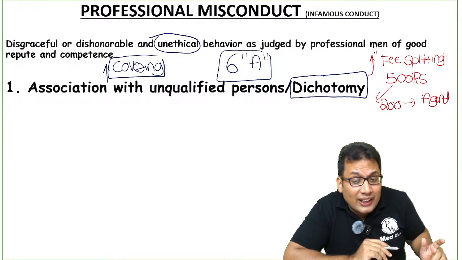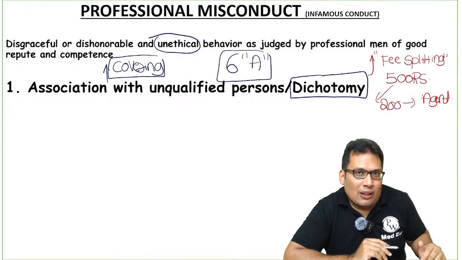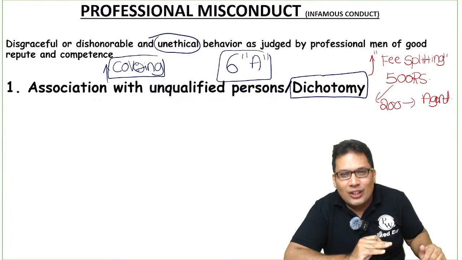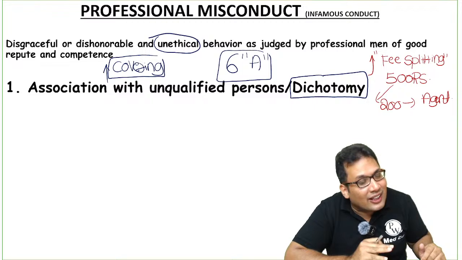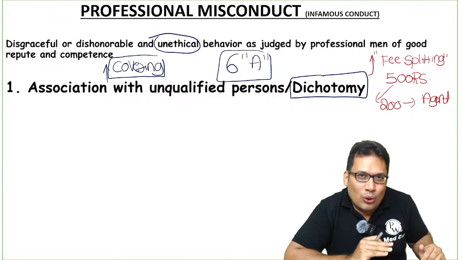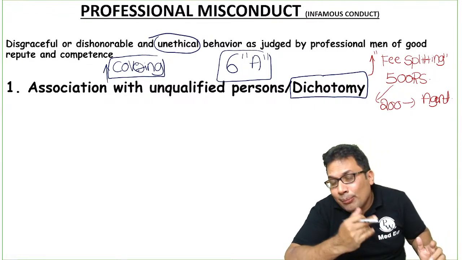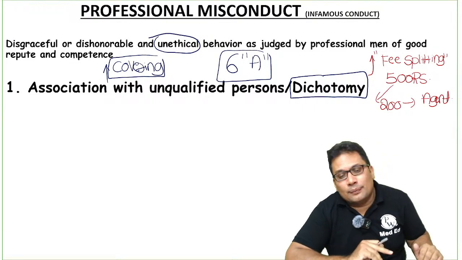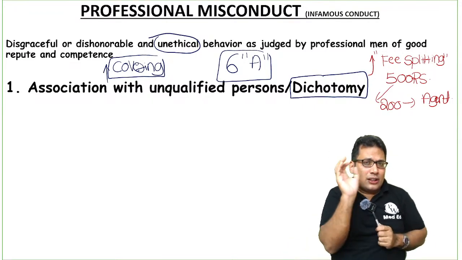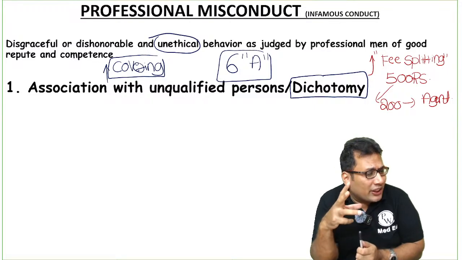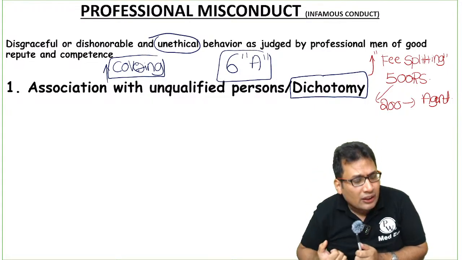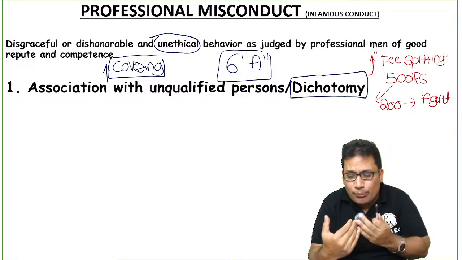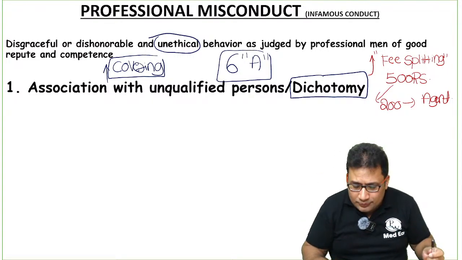Taking or giving commission is a punishable offense. Fee splitting, very good. Or 200 from the lab person, taking commission from the lab person, that is also dichotomy. So the first A is association with unqualified person, known as covering, and also taking and giving commission, known as dichotomy.